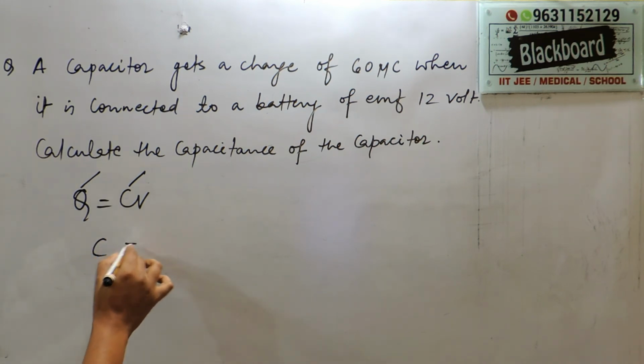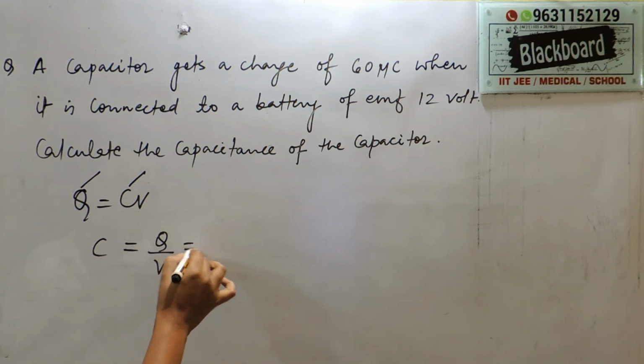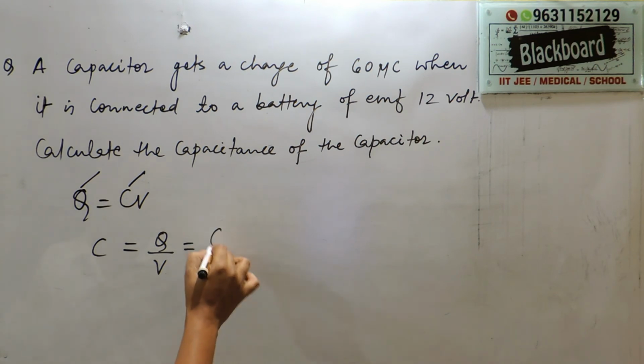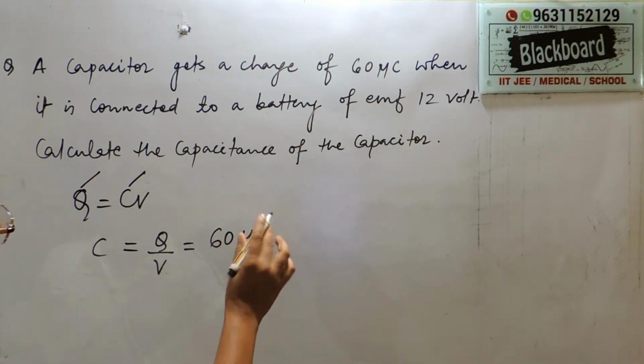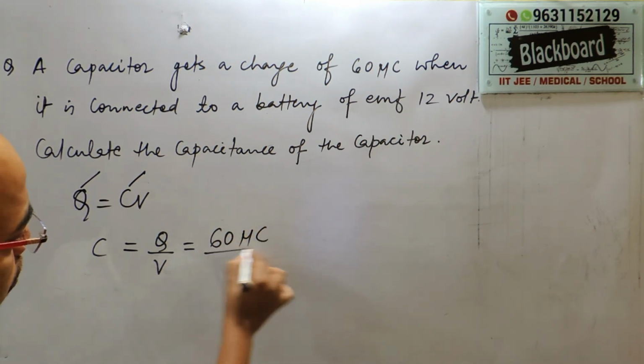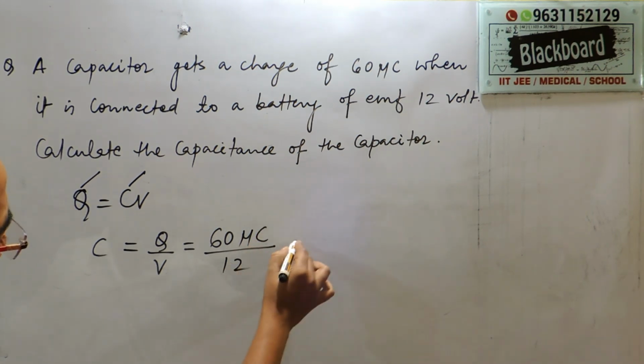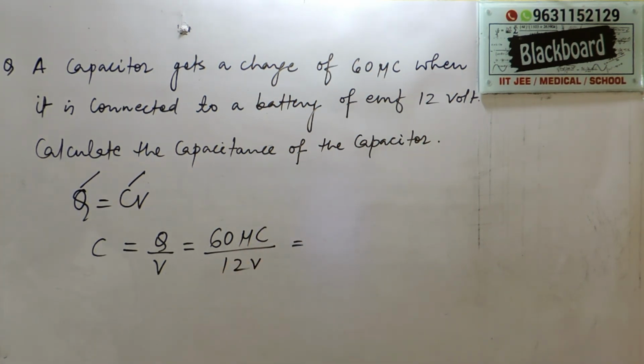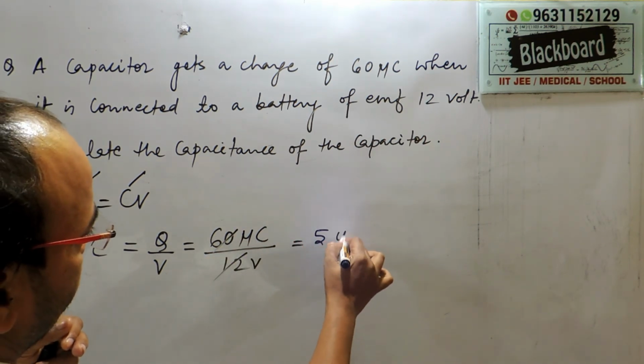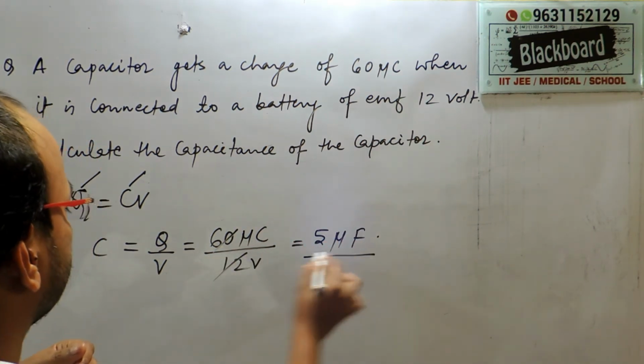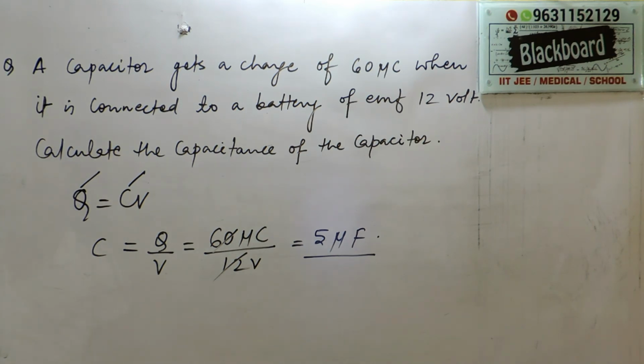So C is equal to Q by V, and Q is given as 60 microcoulomb, and V is 12 volt. Dividing, this is equal to 5 microfarad. So the capacitance of the capacitor is 5 microfarad.